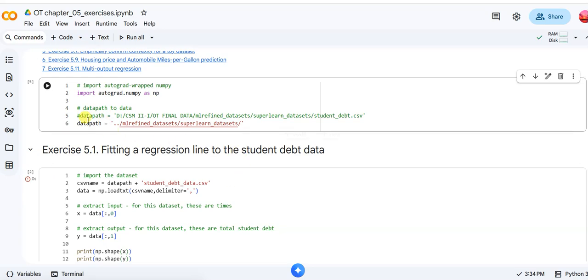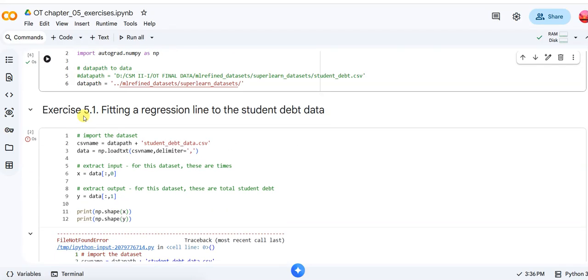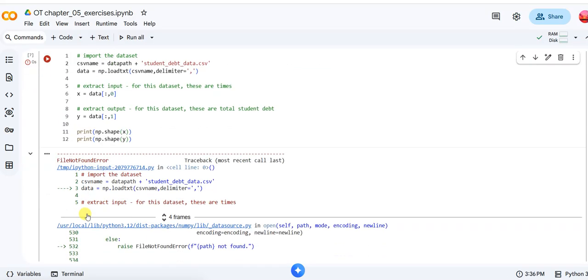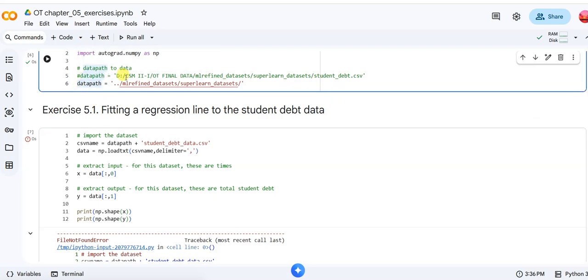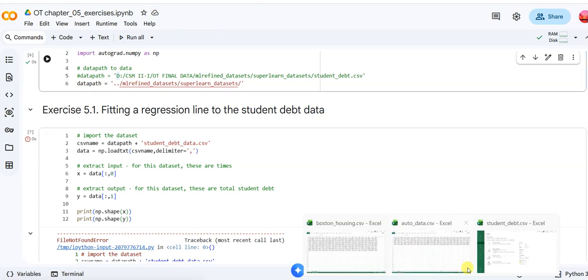By default, the data path would be given in the link, but there is an error. The error reason is that it won't accept the data path because the data path is not available. For that reason, I'm using a data path from my local machine. At my local machine D, generally we write the file location like this.